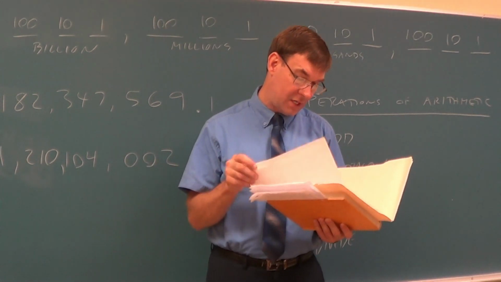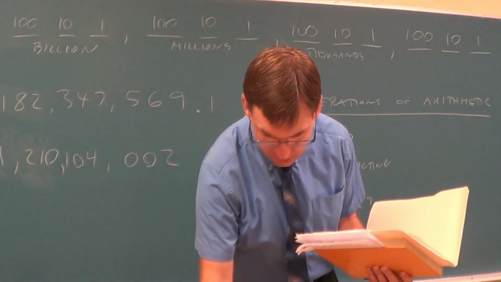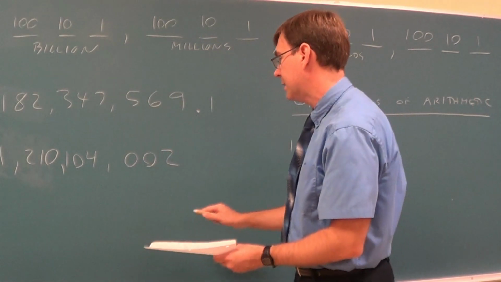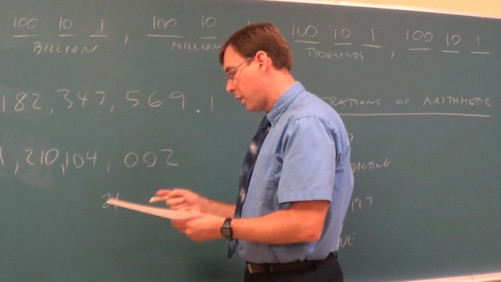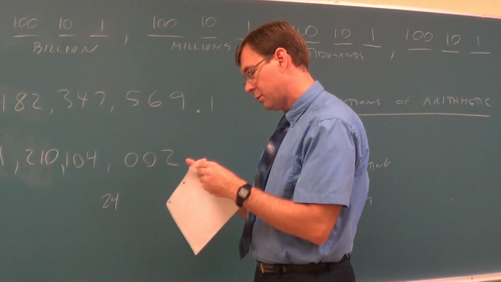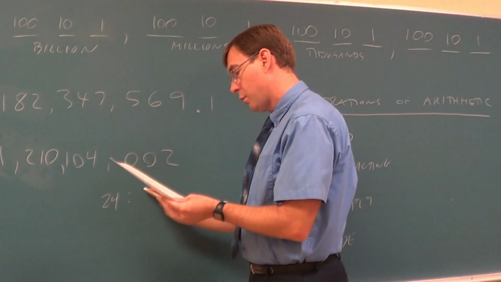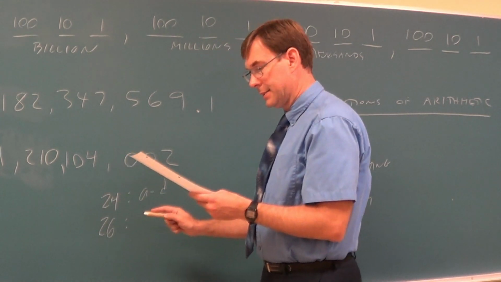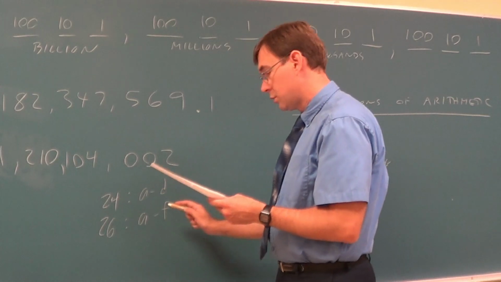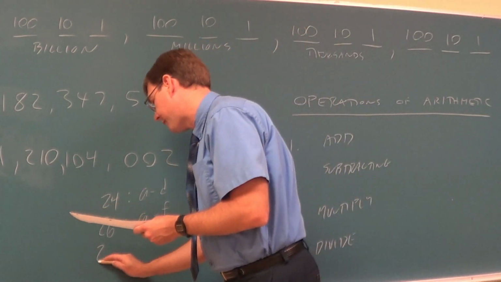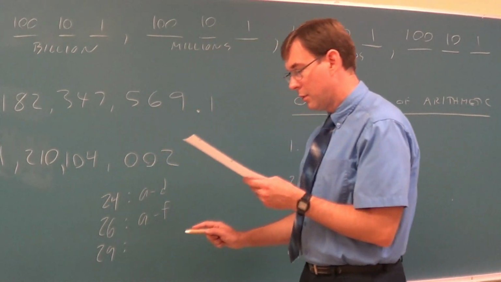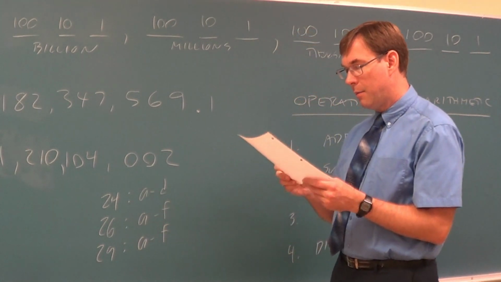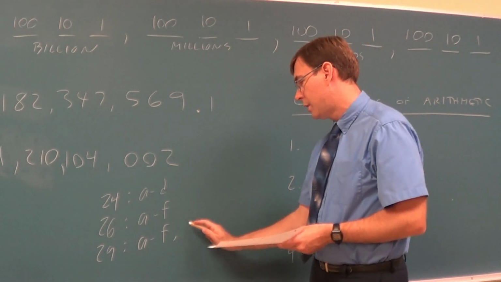But where we are off of this, we're going to go to 3 locations. It's mostly letters. We're not going to do a full 1 to 25 off of this. On 24, we're going to do just the letters, no numbers, A to D. 26 is again just the letters, A to F. 29, we're going to do letters, A to F, and then just a little bit of 29's numbers.